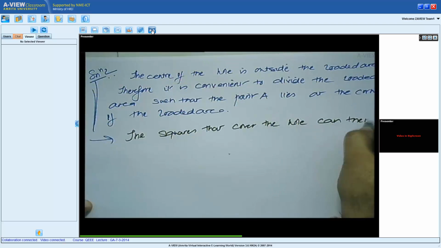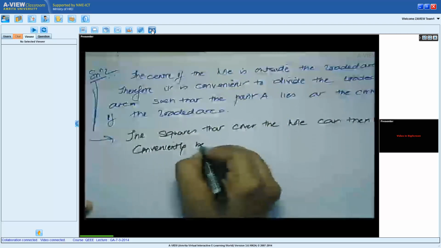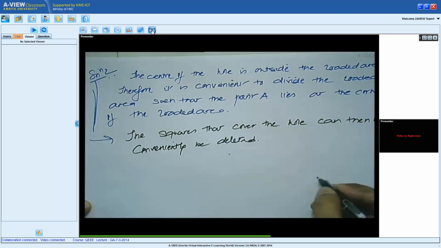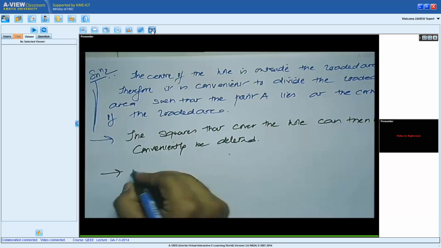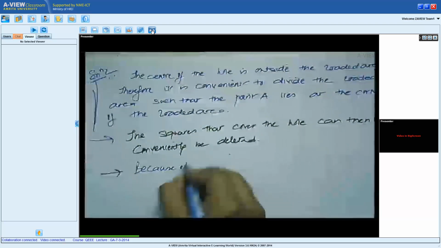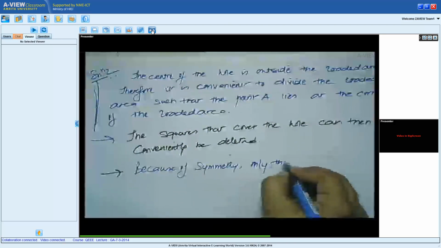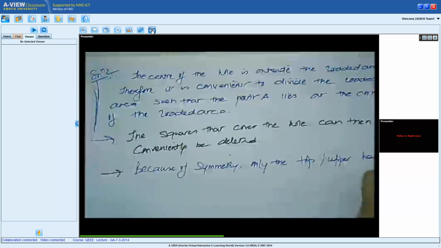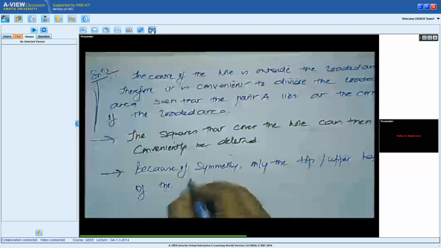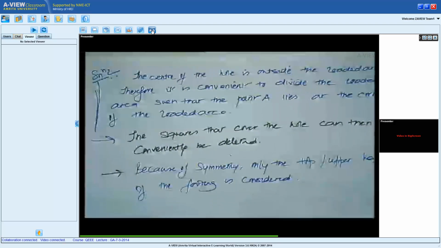And the third thing we have taken for this figure is, because of symmetry, only the top or upper half of the footing is considered. So these are the three points.